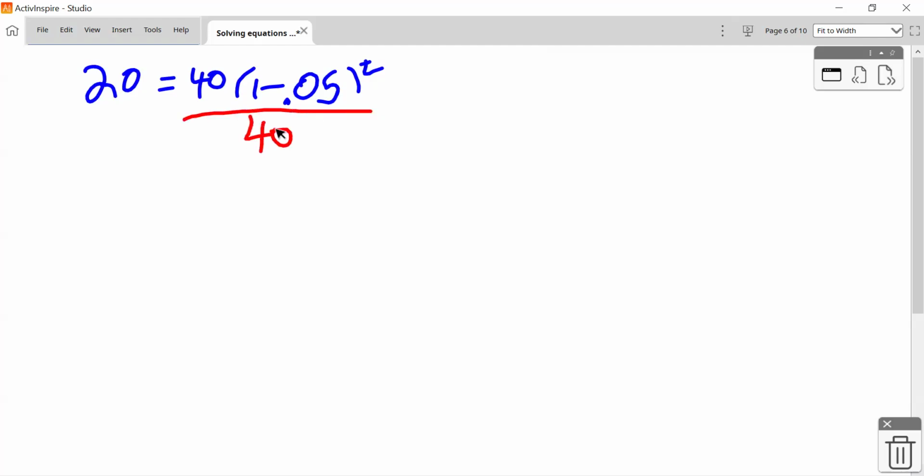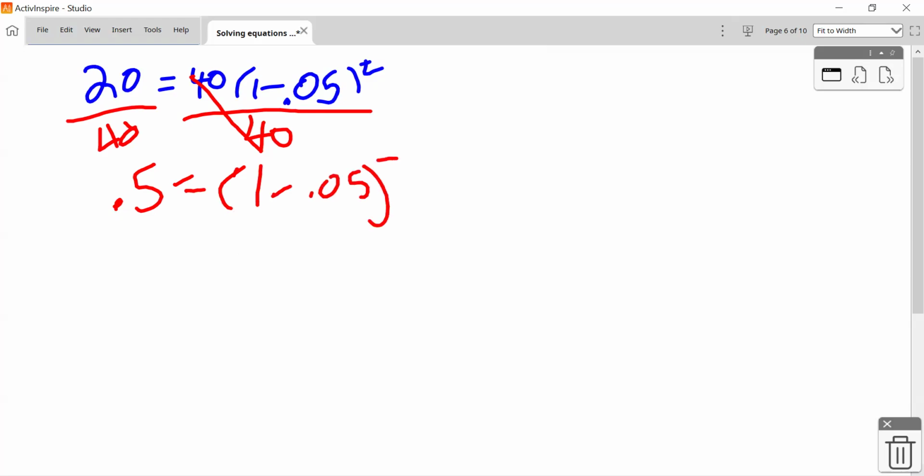First thing, divide both sides by 40. I prefer y'all to get the decimal, it's going to be easier, which is 0.5. And y'all know that's a half anyway, but even if y'all say that's a half, it doesn't necessarily translate in some of y'all's heads like the fraction does. (1 minus 0.05) to the T power.